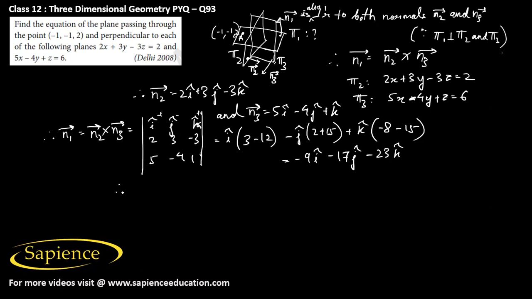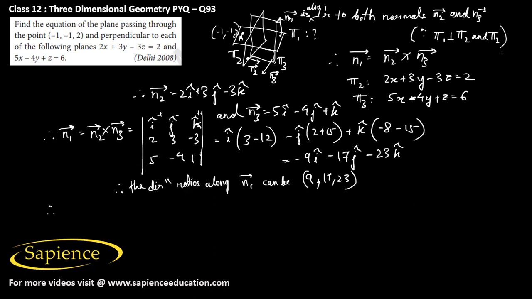So therefore I can say that the direction ratios along the normal n1 vector can be written as 9, 17, and 23.